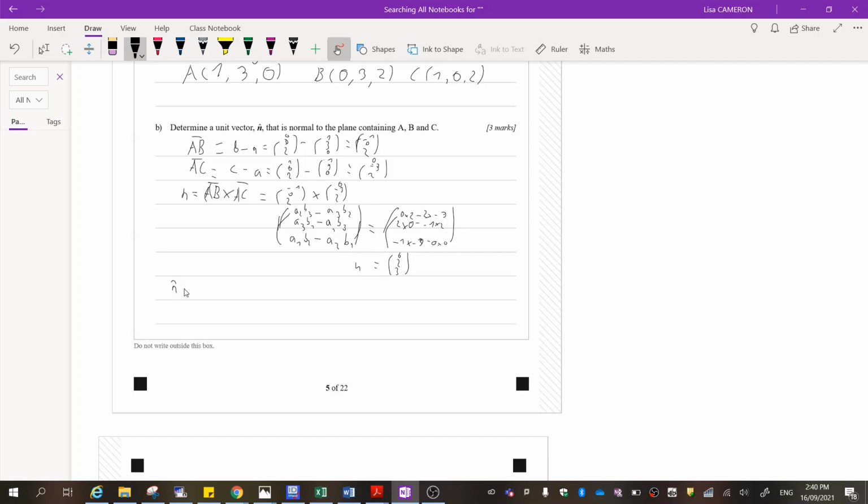because still need to find n with the hat on top. And to get that, we'll need to do 1 over magnitude of n times n.